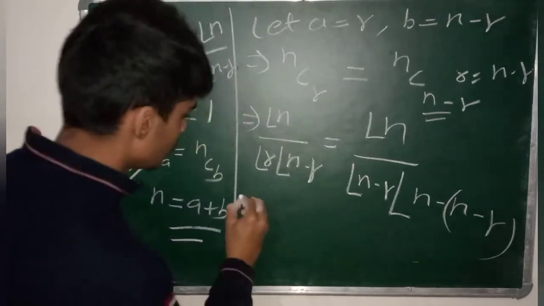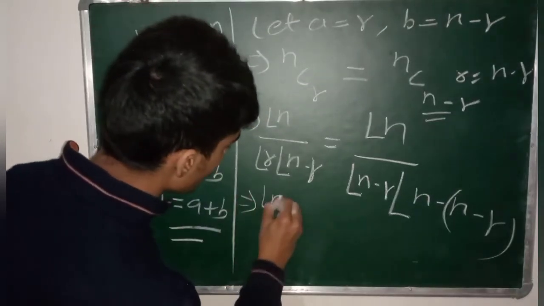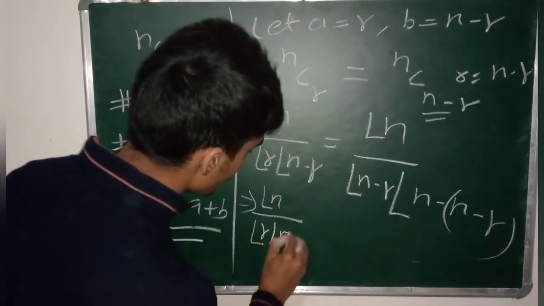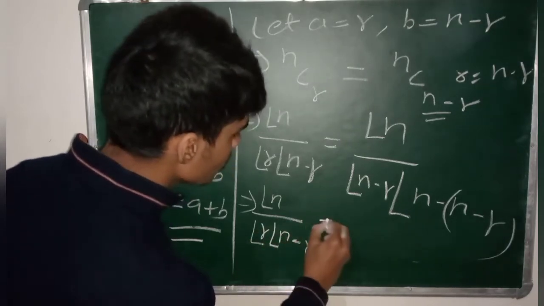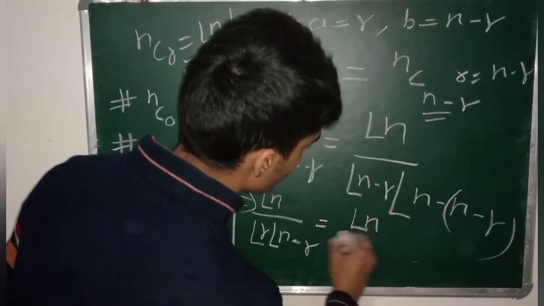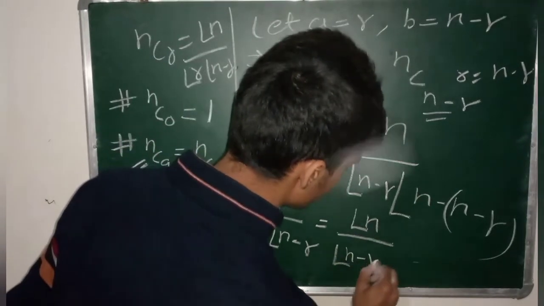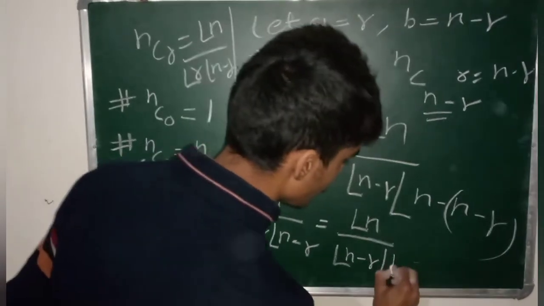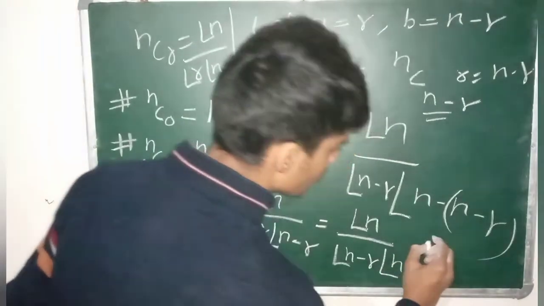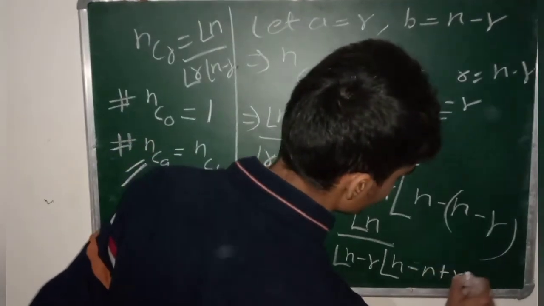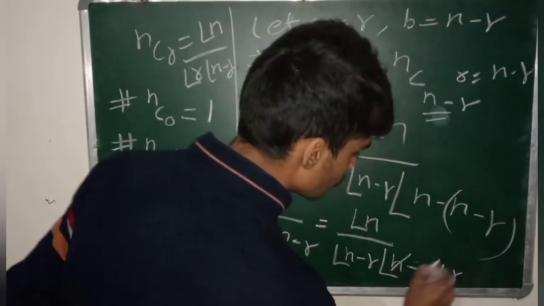So see, factorial n divided by factorial r factorial n minus r is equal to factorial n upon factorial n minus r, factorial n minus, now we open the bracket, n minus r, so n and n cancel.